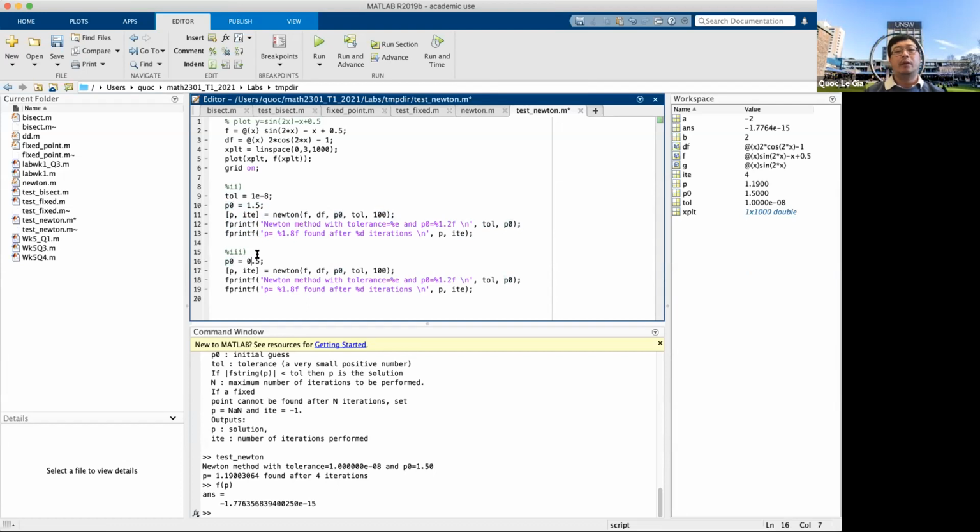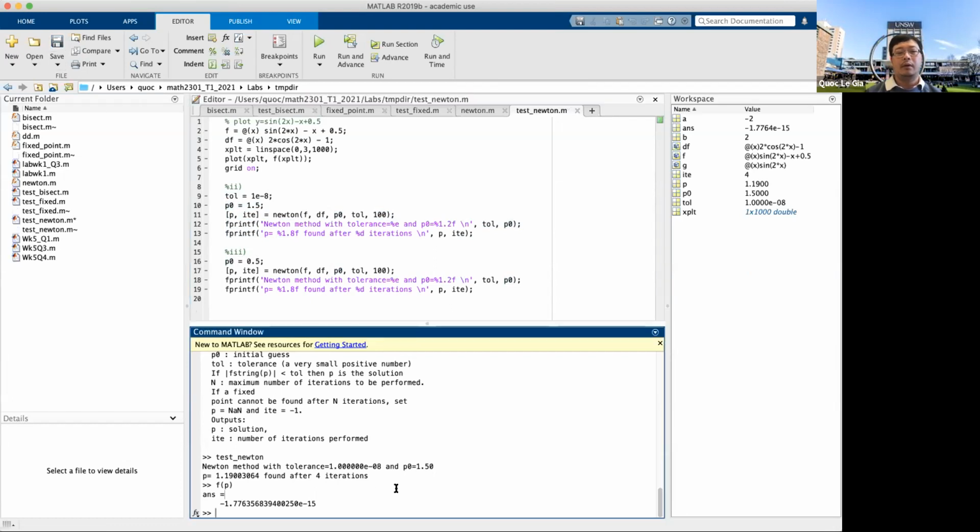Okay, and see what happened. Now I save it. See, the only difference is before the initial guess was 1.5, and now you move the initial guess away to 0.5, and see what is the effect. So you run it again.